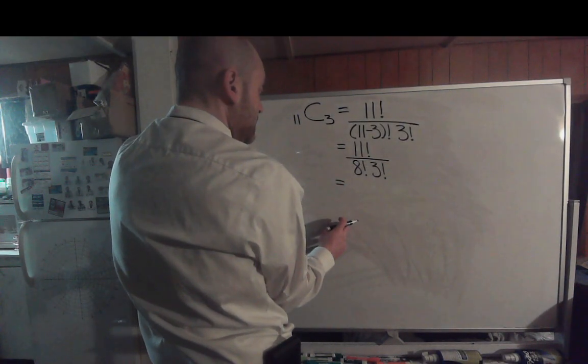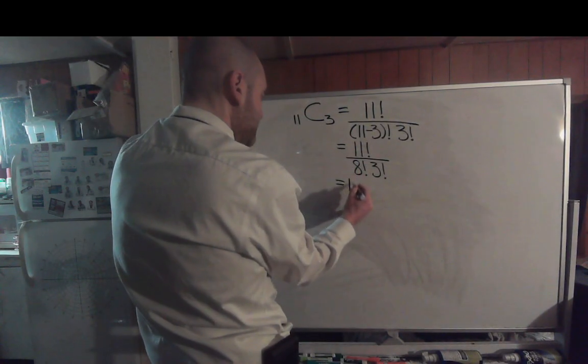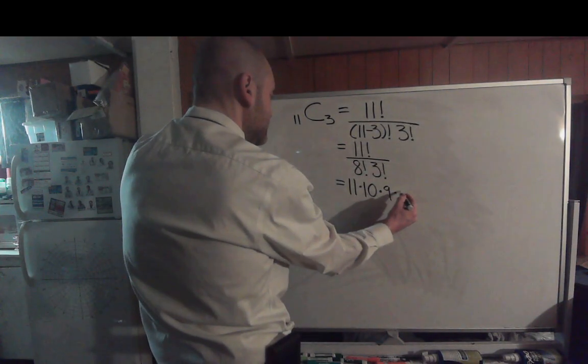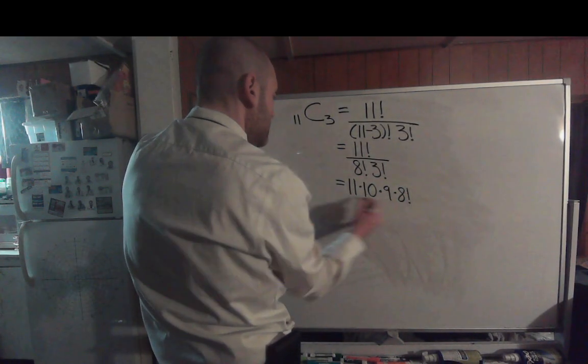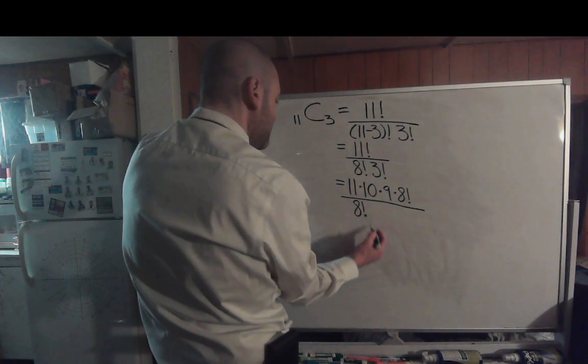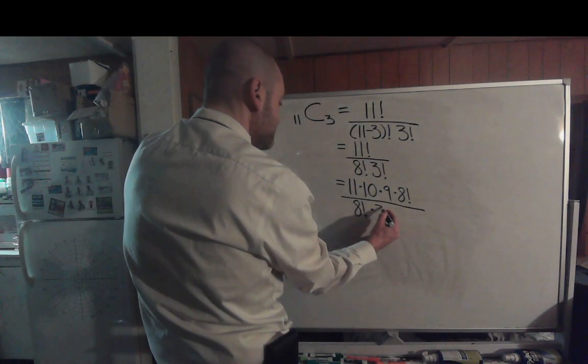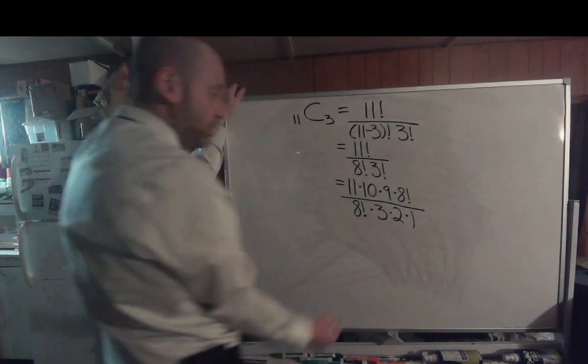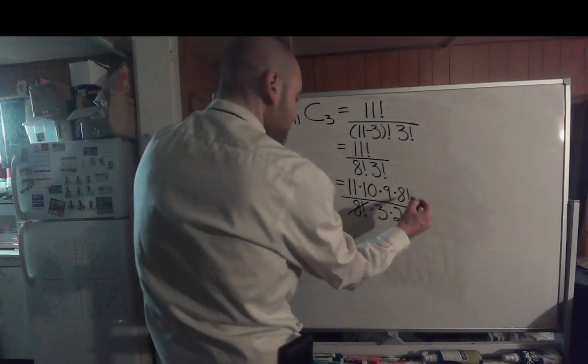So the 11 factorial will break down into 11 times 10 times 9 times 8 factorial all over 8 factorial times 3 times 2 times 1. Well, my 8 factorials will cancel out.